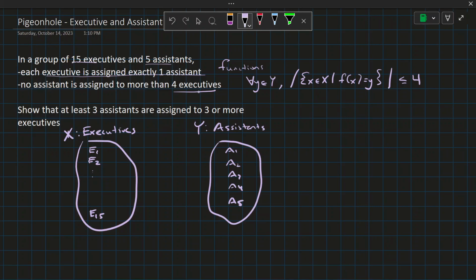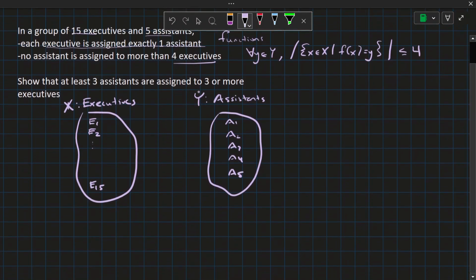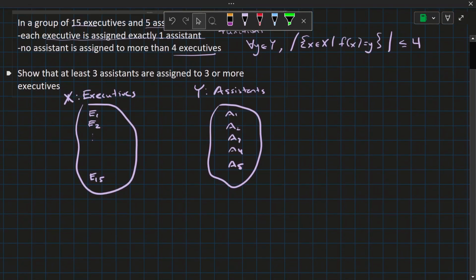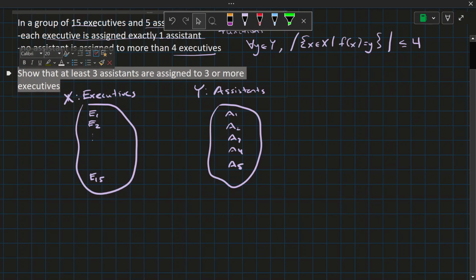Okay. And we're going to do this via a suppose not, or kind of proof by contradiction. So we want to show this claim, and in order to do so, we're going to suppose that the opposite is true.